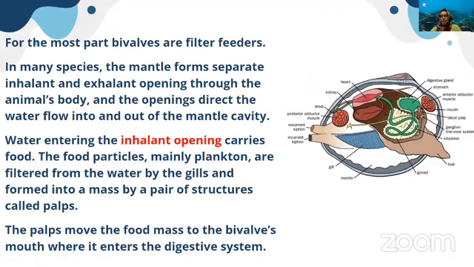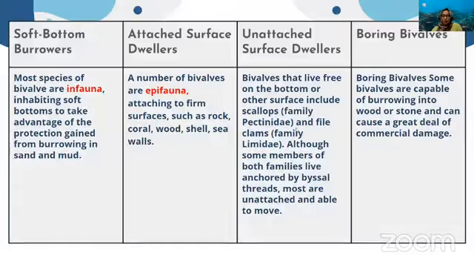They create a mass of these filtered planktons, and the labial palp moves the food particles into the mouth, so that way the food particles get into the digestive tract of these bivalves. This is a kind of device they have for filtering.